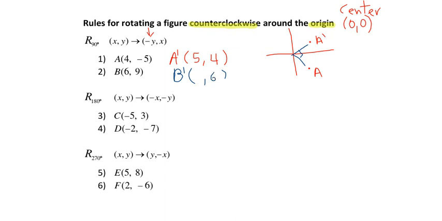So it stays +6. And the y changes to the place of the x, and it also changes the sign. So it was +9 before, it should now be -9. So B prime, the image of B after a rotation of 90 degrees counterclockwise, is -9, 6.